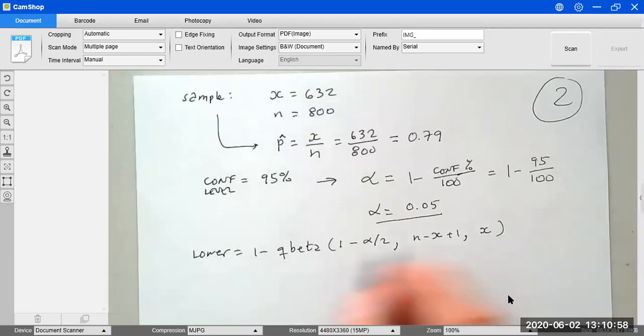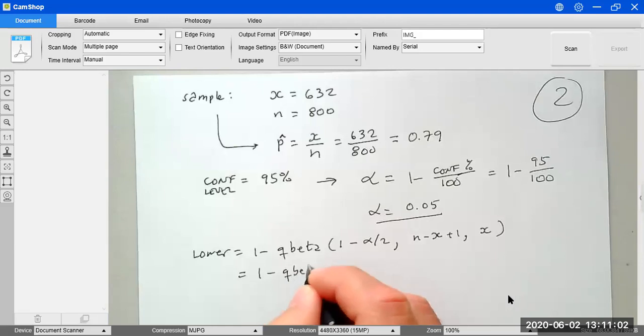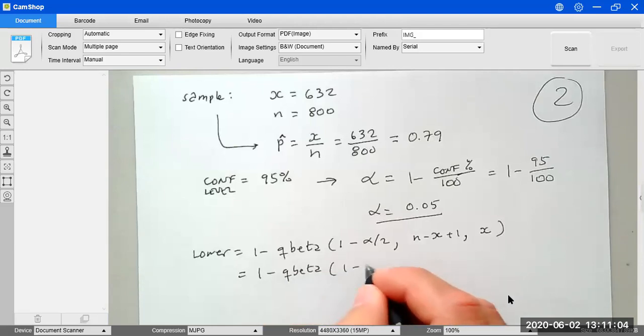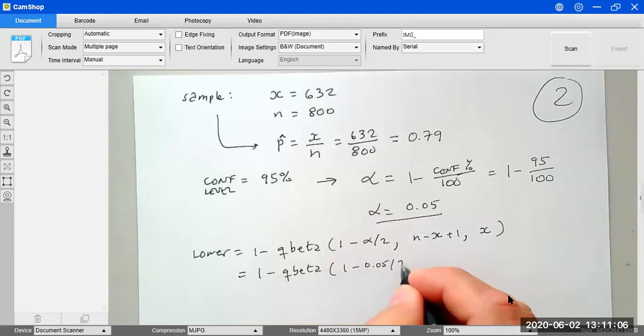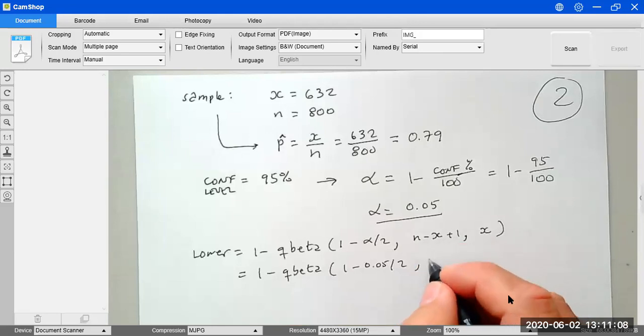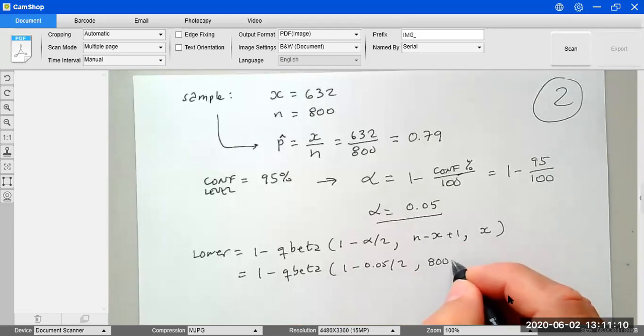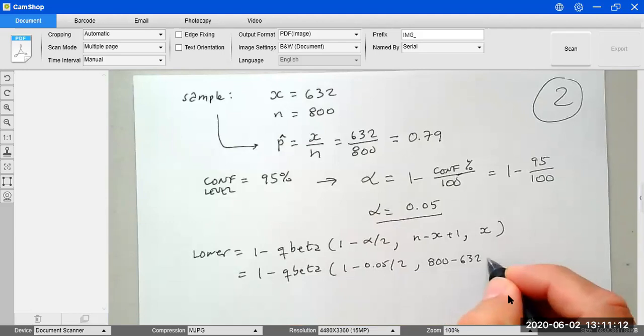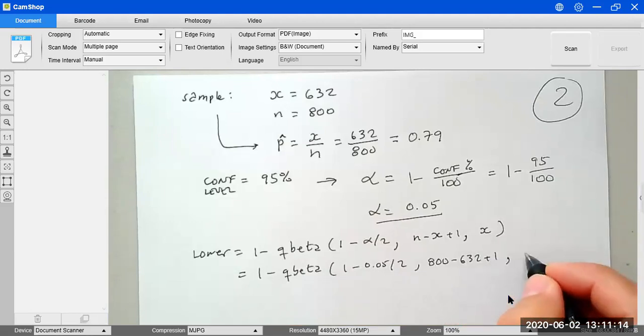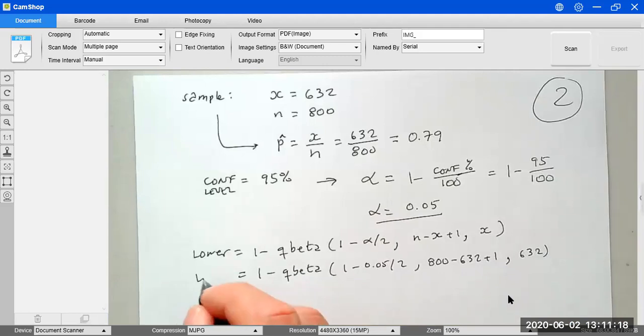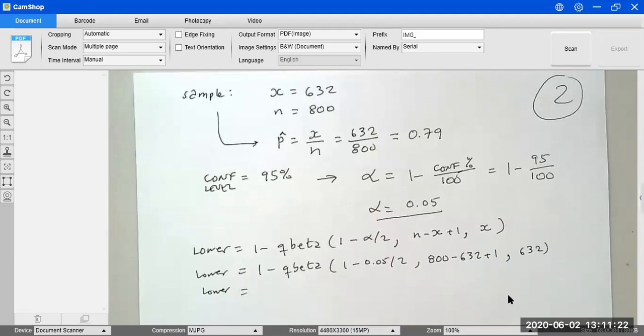So that's what we need for the lower limit. So we're going to enter the value: 1 minus 0.05 over 2, n is 800 minus x 632 plus 1, comma, x is 632. So we're going to get in this way the lower limit for our interval in a minute.